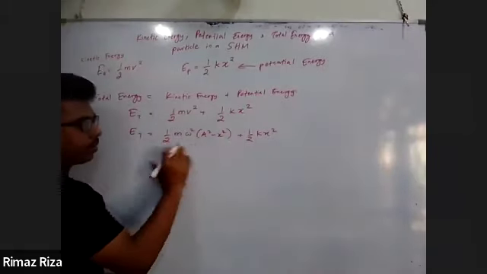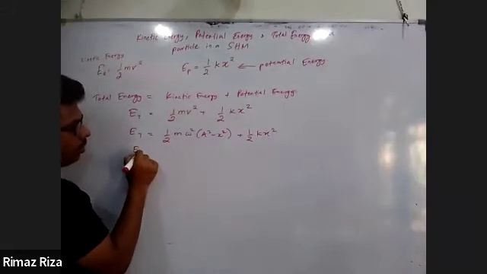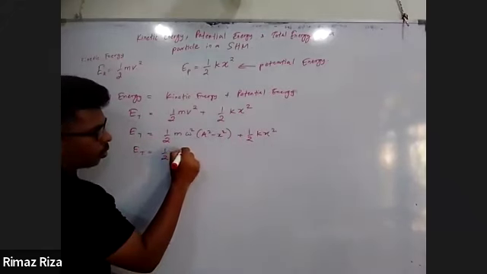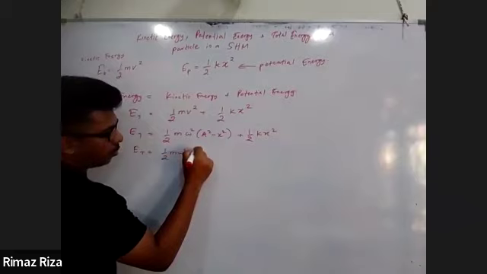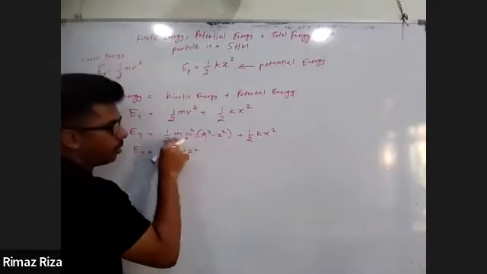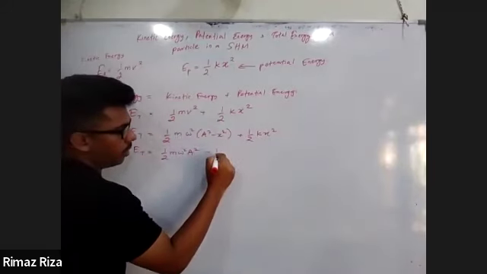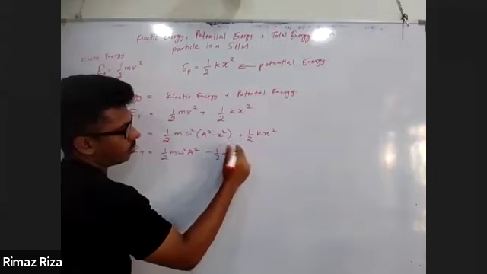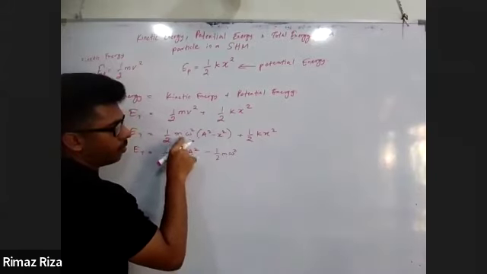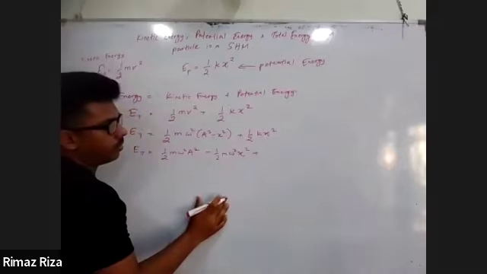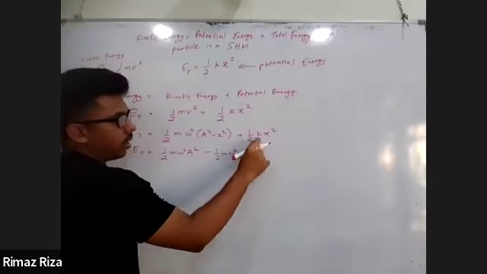So now I can expand the bracket and simplify. E total equals half m omega squared a squared minus half m omega squared x squared plus half kx squared.